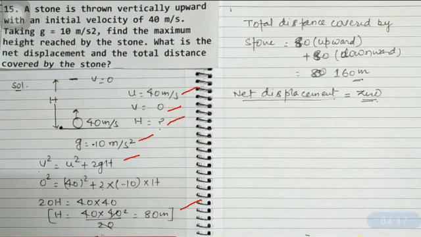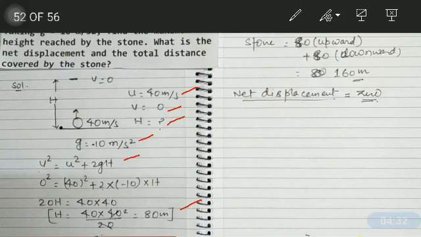Now the next part of the question is asking you to calculate the net displacement and the total distance. Since it is covering the vertical distance, which is height 80 meters, while returning to the earth, it will again cover 80 meters.